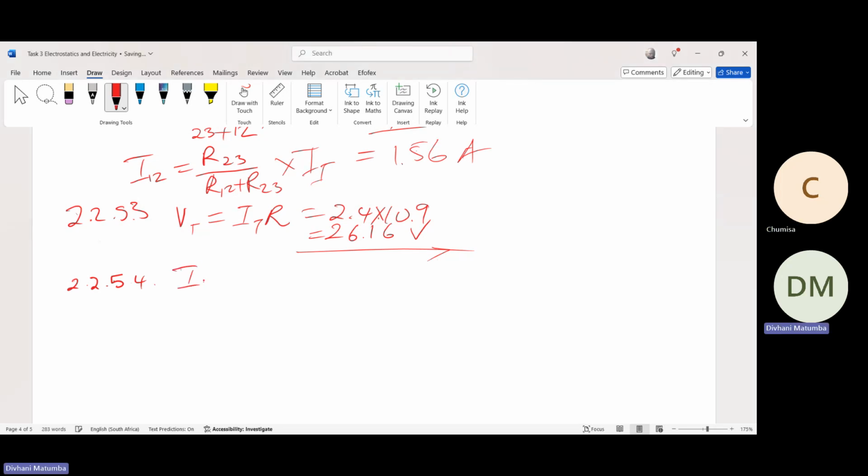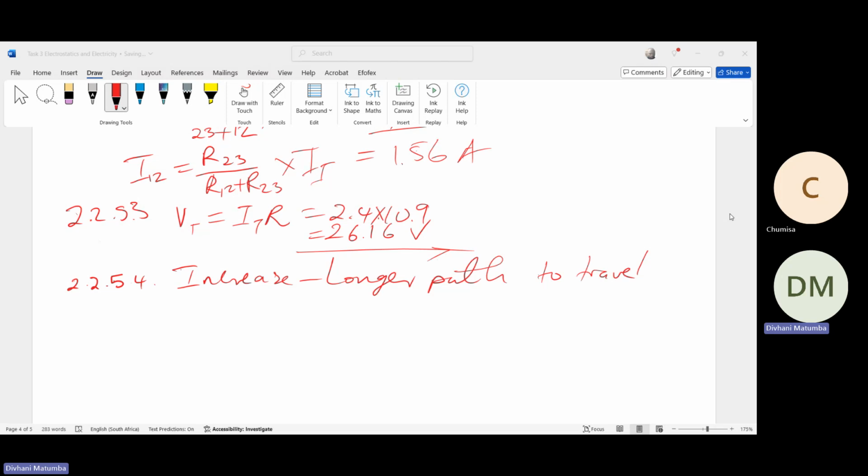So the resistance will increase. Yes, sir. Why? Because there will be a longer path to travel.